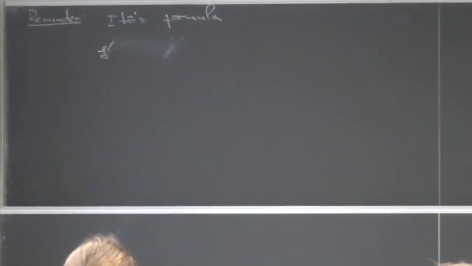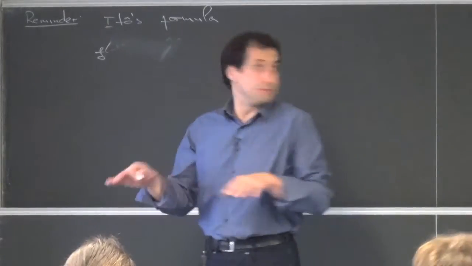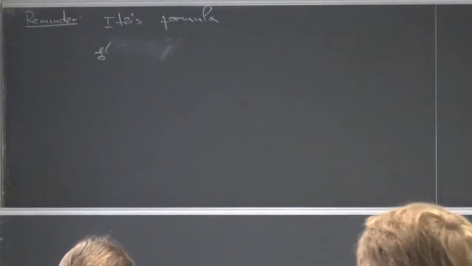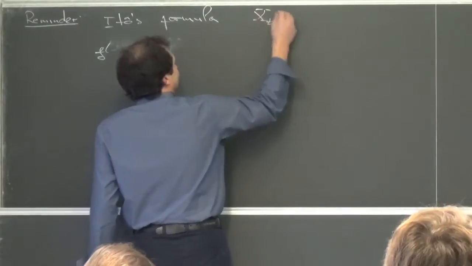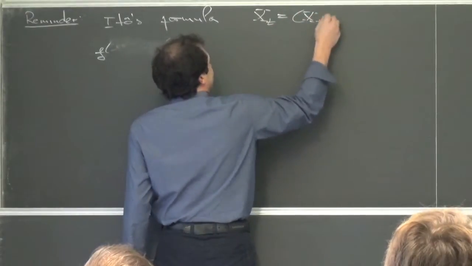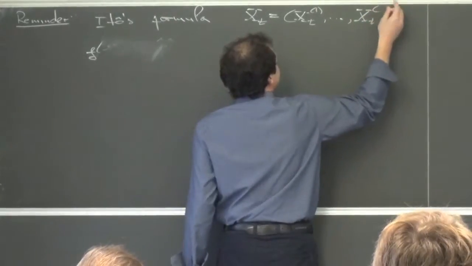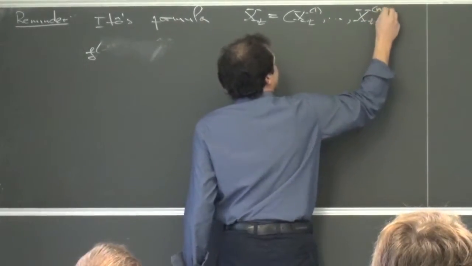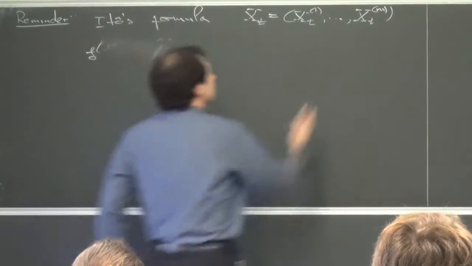Okay, what was the setup? The setup was that we had several random processes, X_t, and then it was a single vector valued process formed of all of them, say m variables.